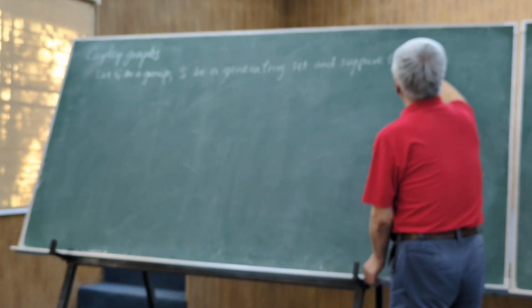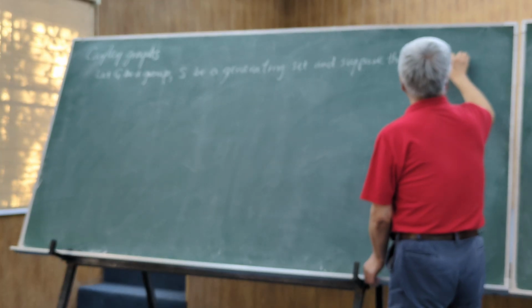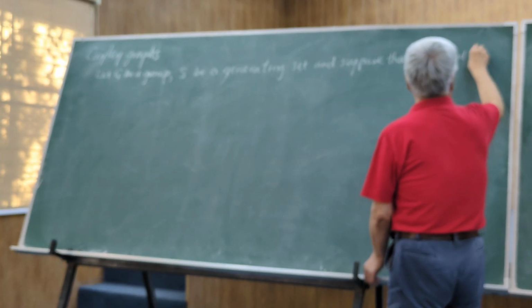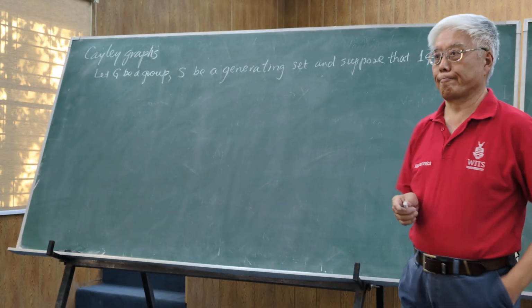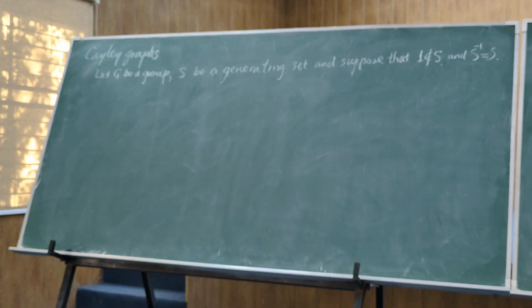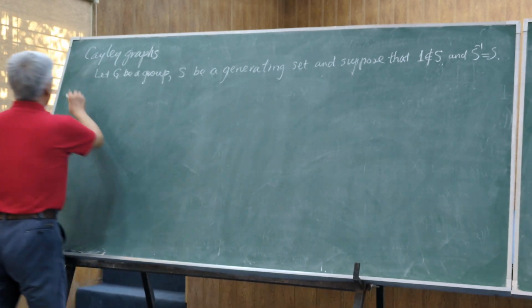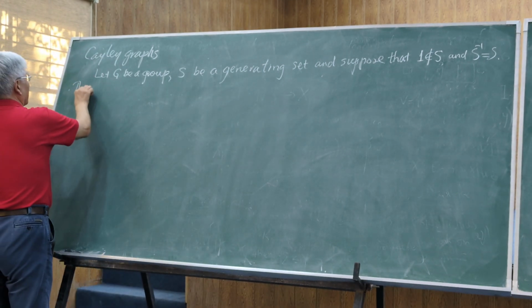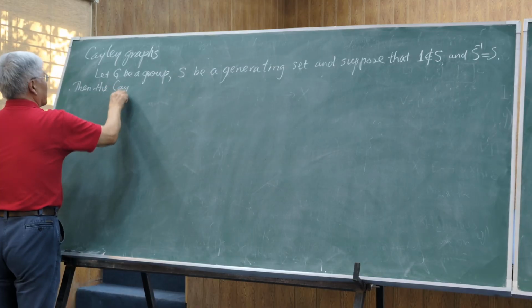Suppose that the identity element is not in S, and one more condition: S is closed under inverse, so the inverse of S is S. We take this. Now we define a graph, which is called the Cayley graph.